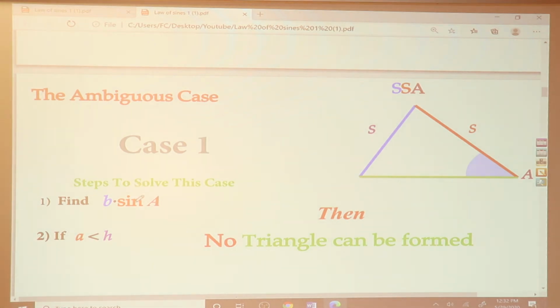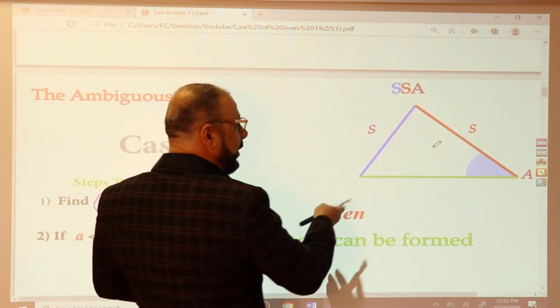Now, the key to solve this problem is this guy, b sine A. Look here, you have two sides given, this side and this side, and this angle, right? This is side a and this side b.